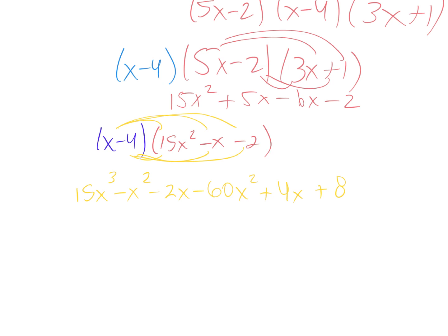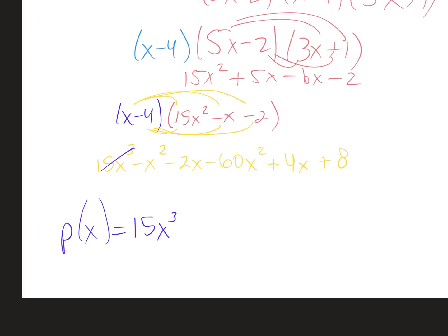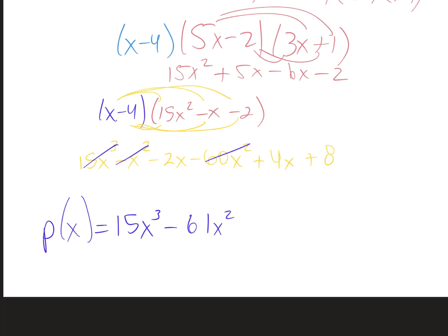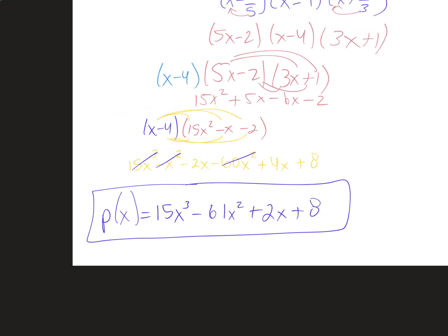Everybody with me? All right, write your answer in function notation. P of x equals 15x cubed. Combine your x squareds. What do you have? Minus 61x squared. Combine your x's. Plus 3x. Plus 8. And there, ladies and gents, is your final answer.